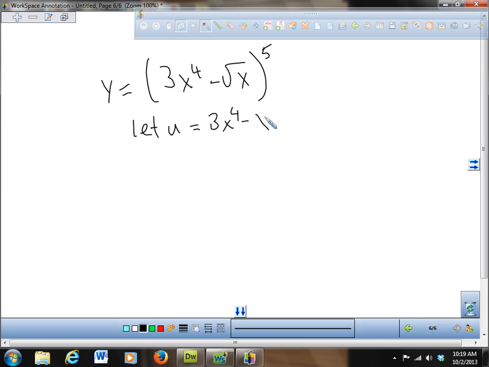I'm going to call it x to the 1/2 power, because I want to take the derivative. Now I can rewrite this as y equals u to the 5th. What's the derivative of u to the 5th? dy/du is equal to 5u to the 4th, right? What's du/dx?